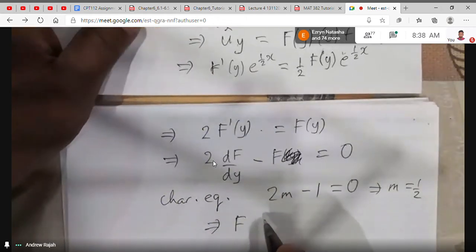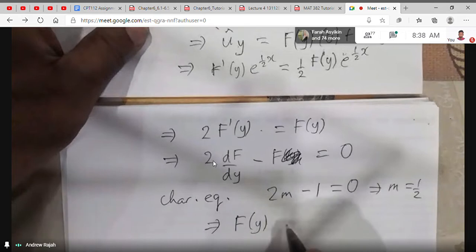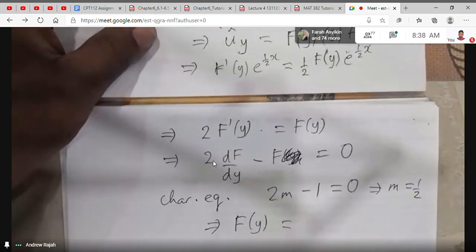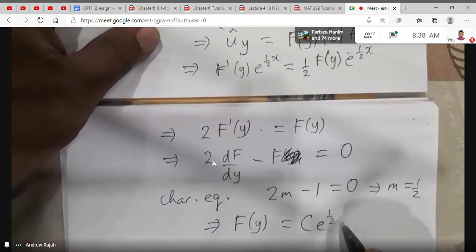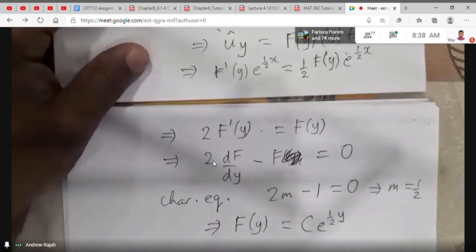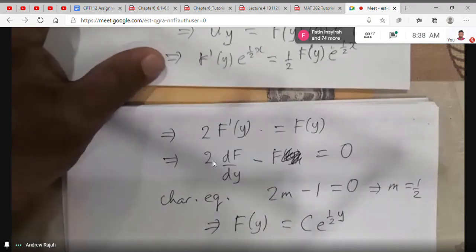f y equals to c e to the power of half y, right?